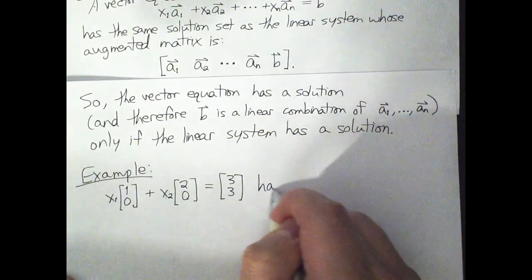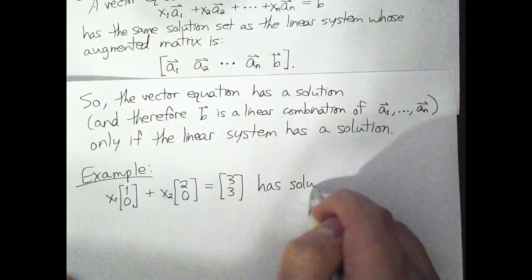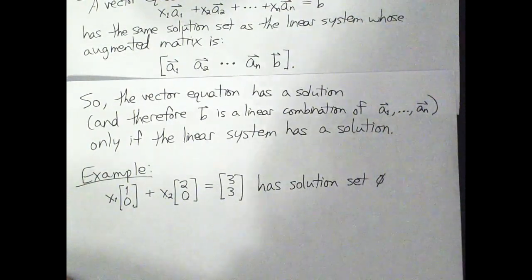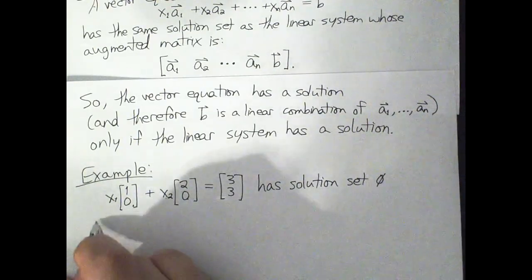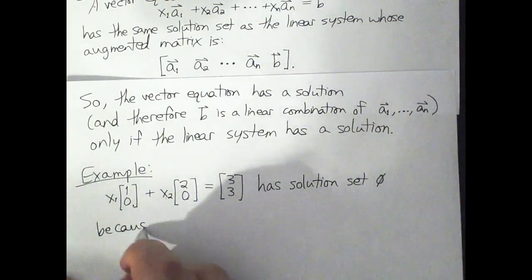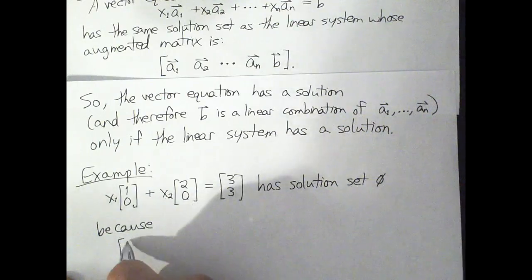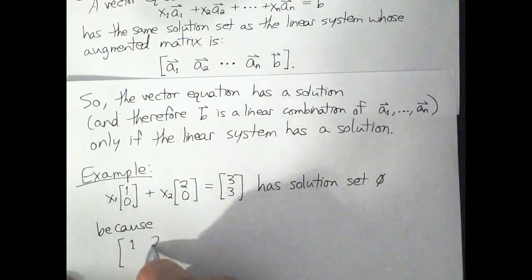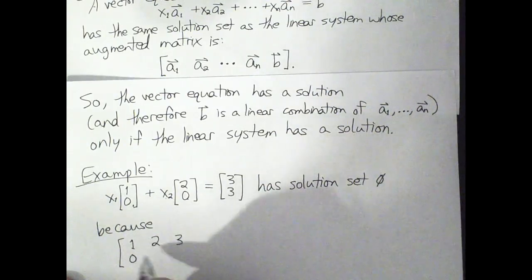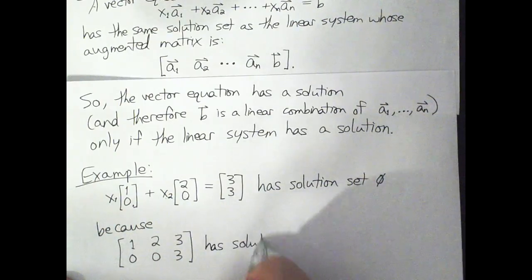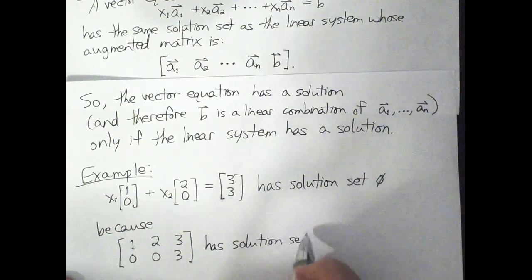So this actually has solution set, empty set, because let's just be clear about this. When you set up the augmented matrix of the system, that's what it would look like. And this has solution set this.